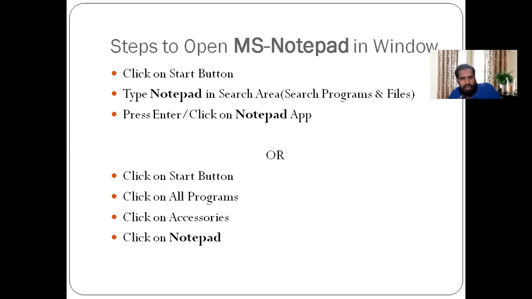For this one again we have 3 steps. If you are using Windows 7, you can use these options also. अगर आपका Windows 10 या other than Windows 7 है, you can go with the top 3 steps. In Windows 7 also you can use these steps. I will show in the practical session.